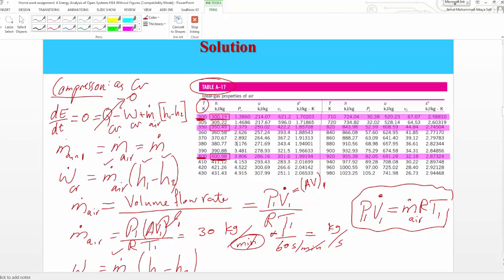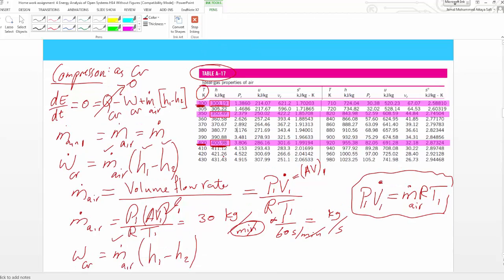And if you substitute this here, that's going to give you 30 kilograms per minute multiplied by 1 divided by 60 seconds per minute, just to convert everything to seconds, multiplied by H1, as you can read it, 3319 minus 498, which is also read from the table.